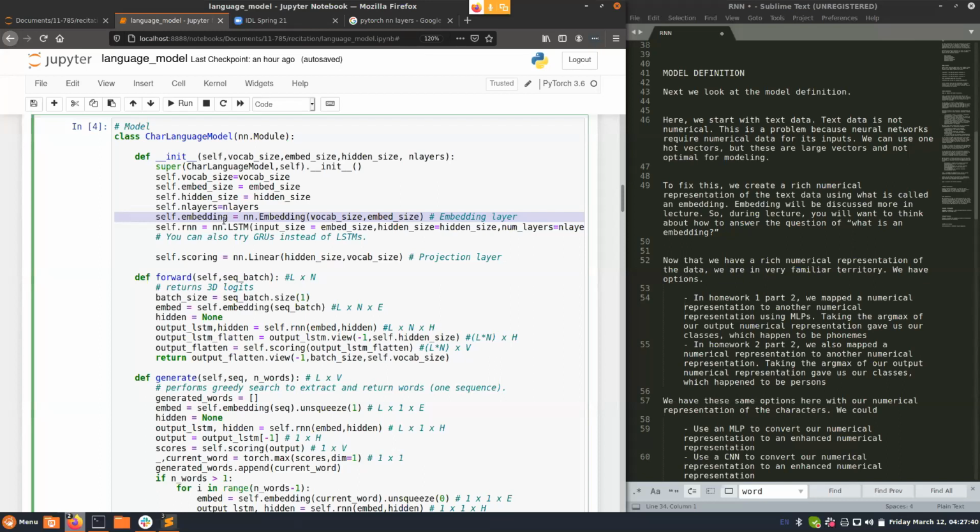For homework 1, part 2, we're mapping the numerical representation that is the inputs to another numerical representation, which is the logits or the output of the model. Then to make our predictions, we take the argmax of our output numerical representation, and that gives us our classes, which were phonemes. For homework 2, part 2, similarly, we're mapping that numerical representation to another numerical representation and taking the argmax to get our classes, which happen to be persons.